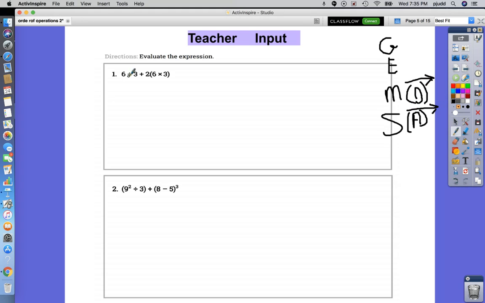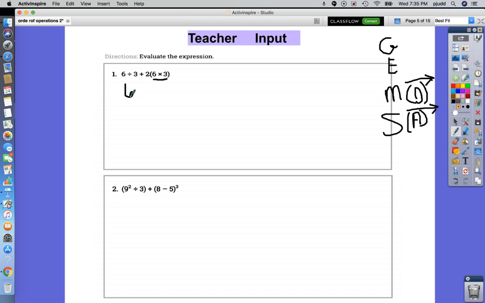So I'm going to take a look at my first expression. And I notice that I do have a grouping symbol. I have parentheses and 6 times 3. So I'm going to clear the parentheses, or I'm actually not clearing it yet. I'm still going to keep it there. I'm going to multiply, but you'll see why I still keep it.